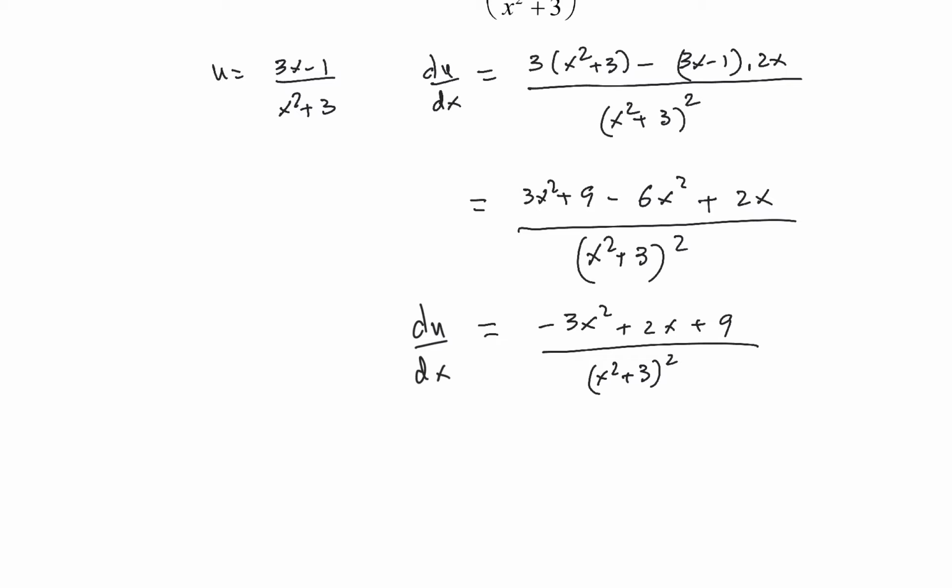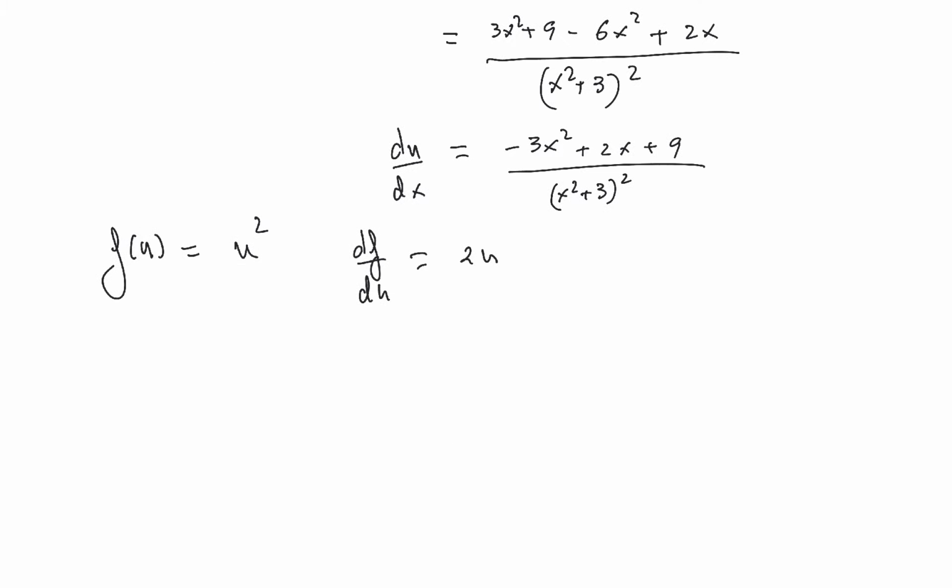Now I have f of u. F of u is u squared, where u is 3x minus 1 over x squared plus 3. So the derivative of f with respect to u will be 2 times u. So what will be the derivative of f with respect to x?